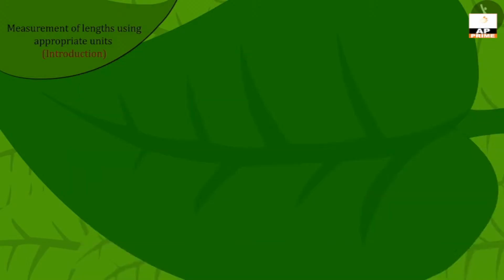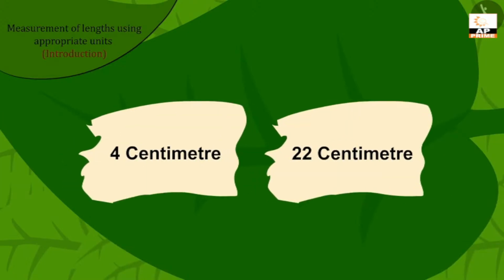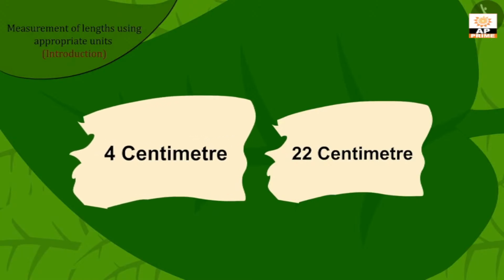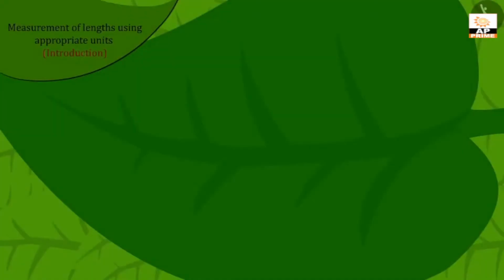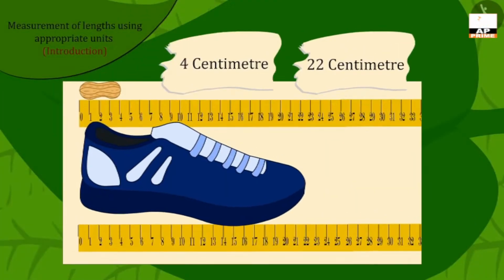Now Chanda found these two pieces of paper on which 4 centimeter and 22 centimeter were written. Now, can you match the length of the remaining two objects with their correct lengths? You can find the answer by pausing the video.